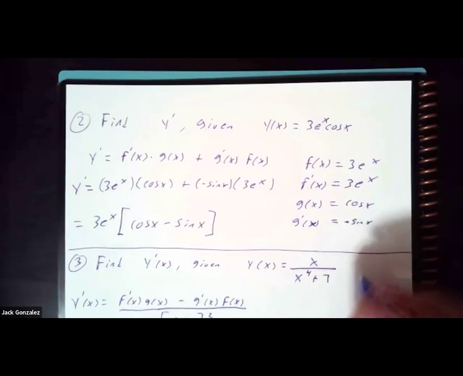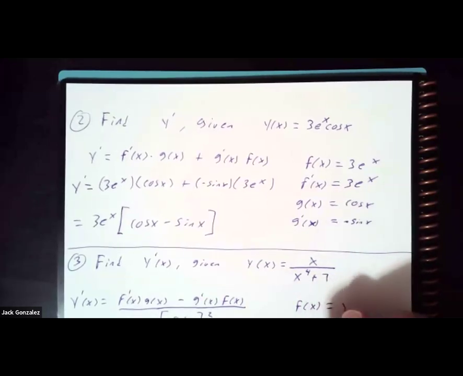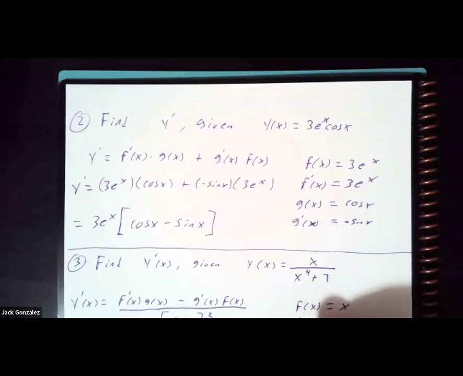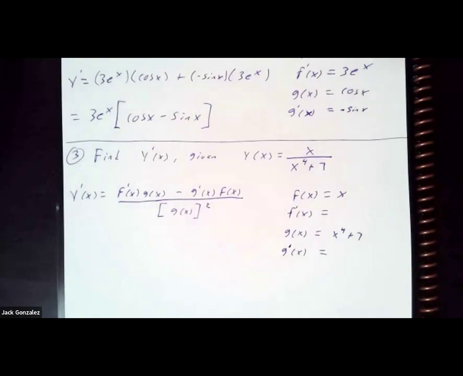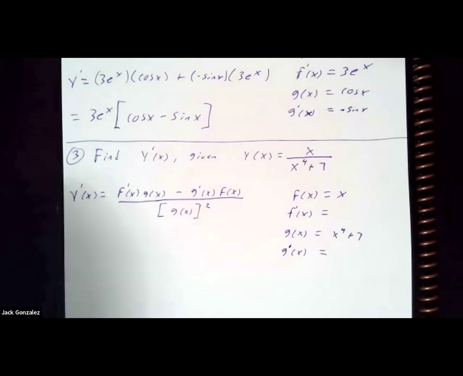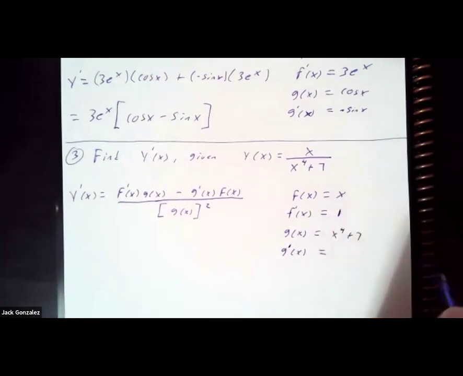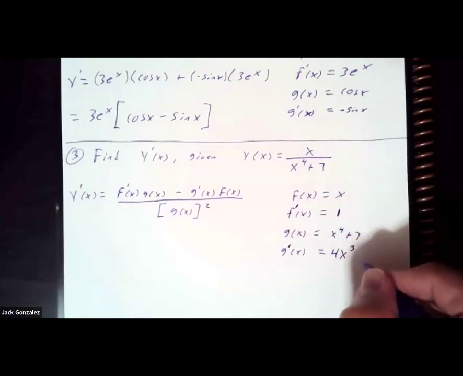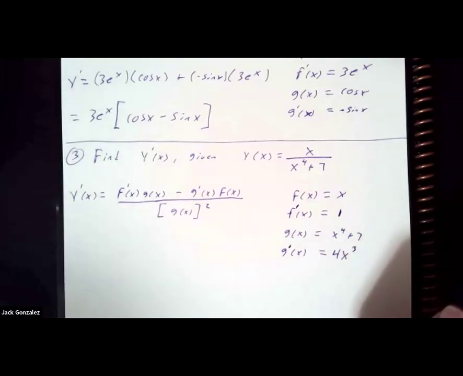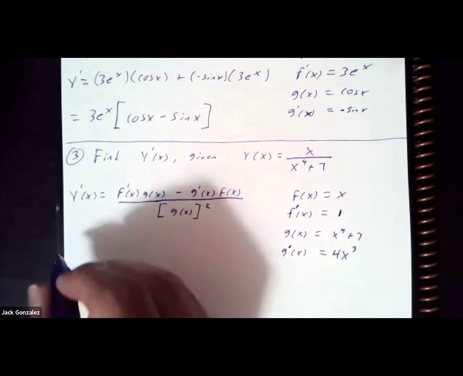So remember that f is the numerator, g is the denominator, so just find those parts and put them together. Derivative of x, no big deal, right? Derivative of this will be 4x cubed. And that's it. Plug it all in.